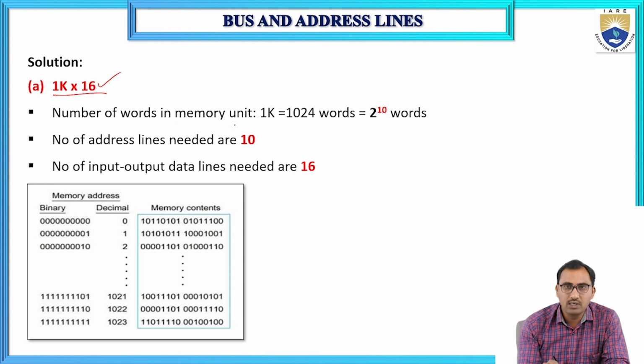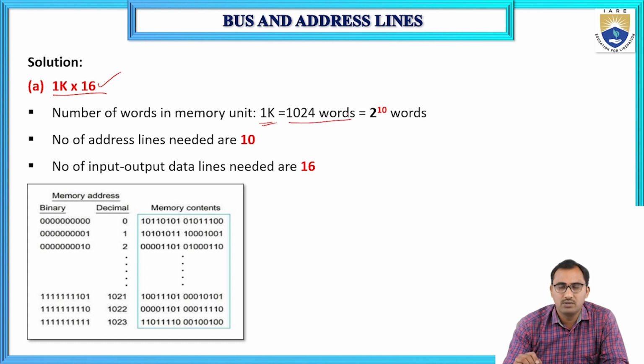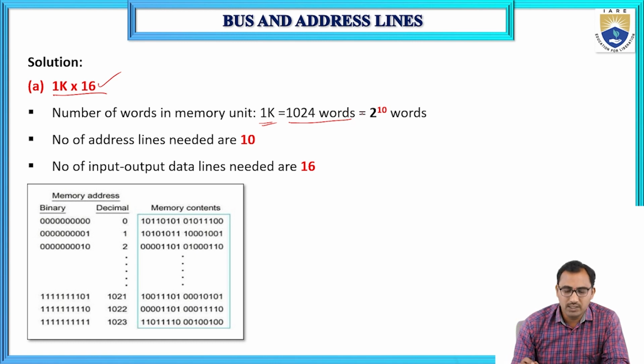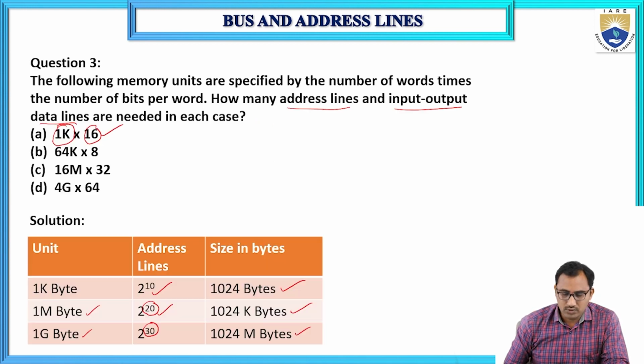So the number of words in the memory unit is 1K. That means 1024 words. So for accessing 1 kilobyte, how many address lines are required? Just before, we have seen that for 1024 bytes or 1024 words, we require 10 address lines.